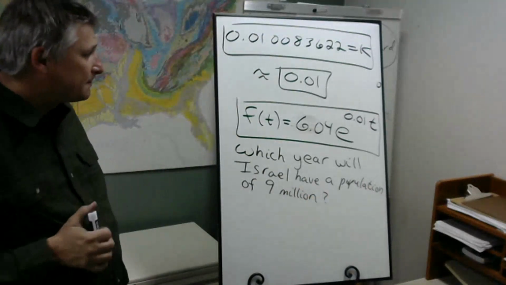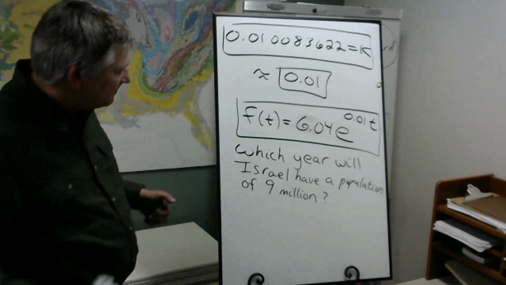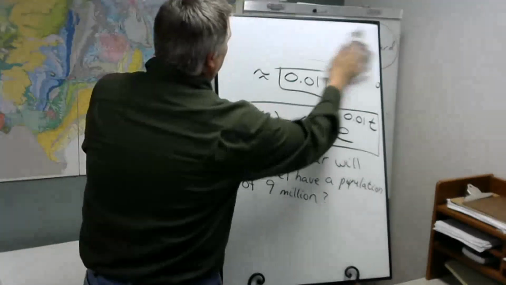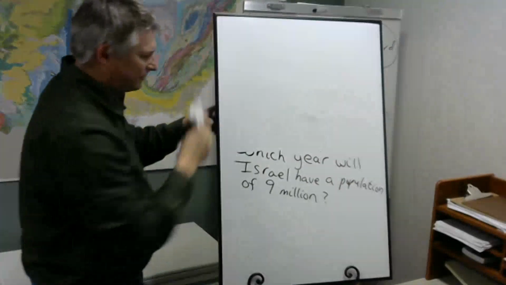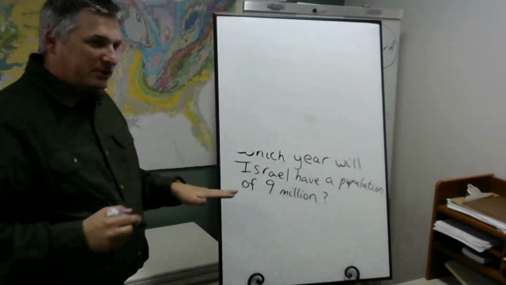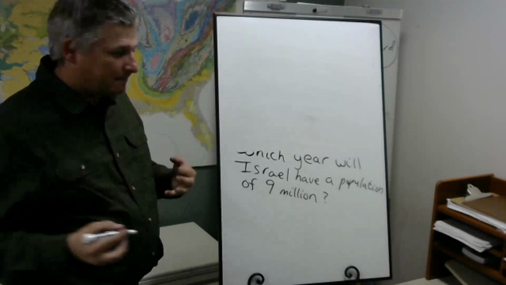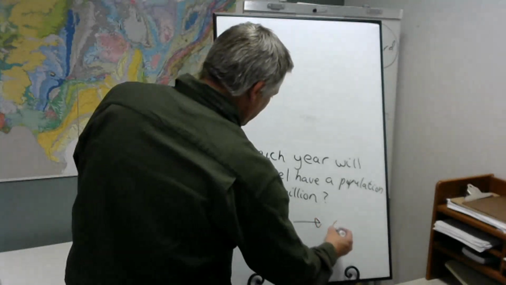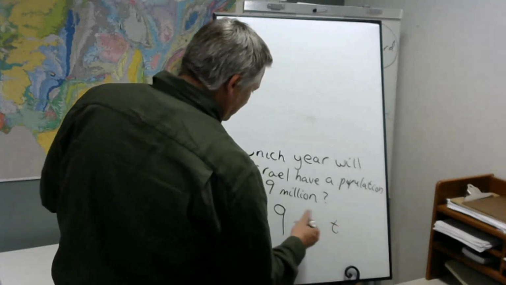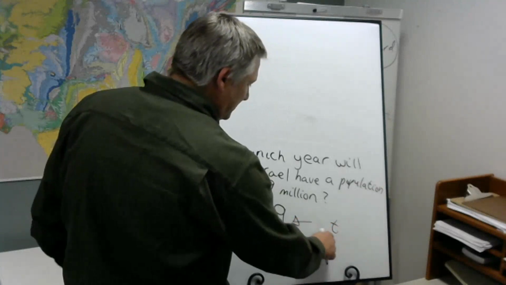When is this going to happen? Well, again, we're going to treat 9 million as 9. So there's some population, and it's going to happen at some t. Actually, you want to be careful drawing this arrow. We're going to put in a year t.